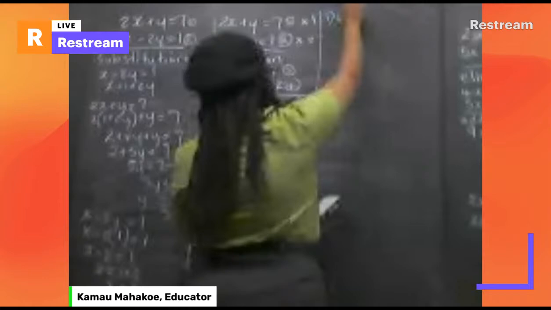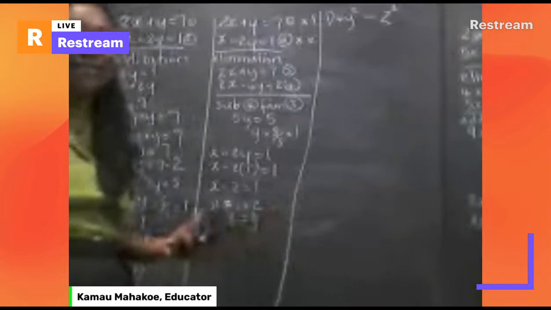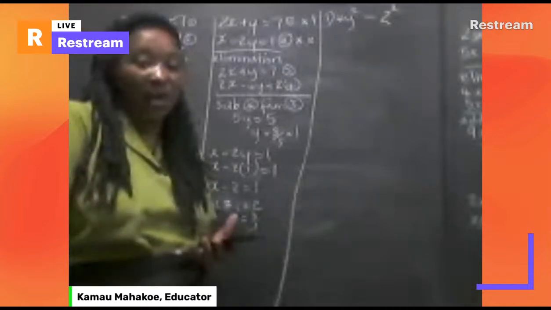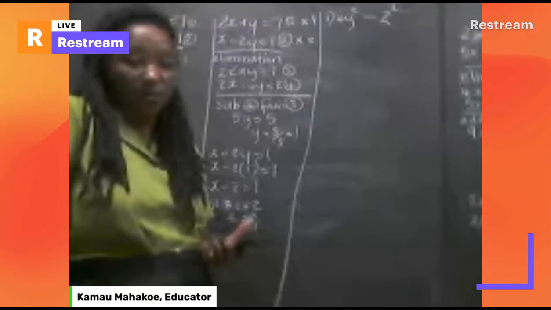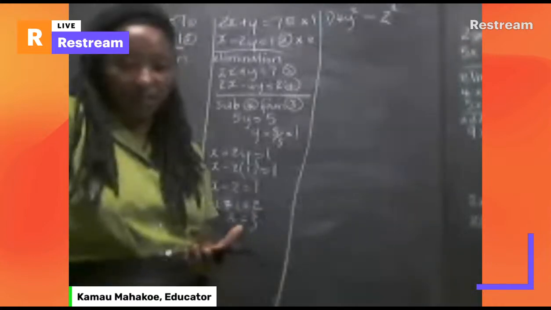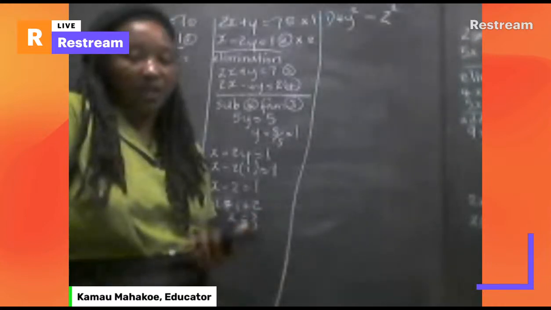Remember, once you have a square term minus another square term, factorize as the sum of the square roots times the difference of the square roots. So a plus b times a minus b.